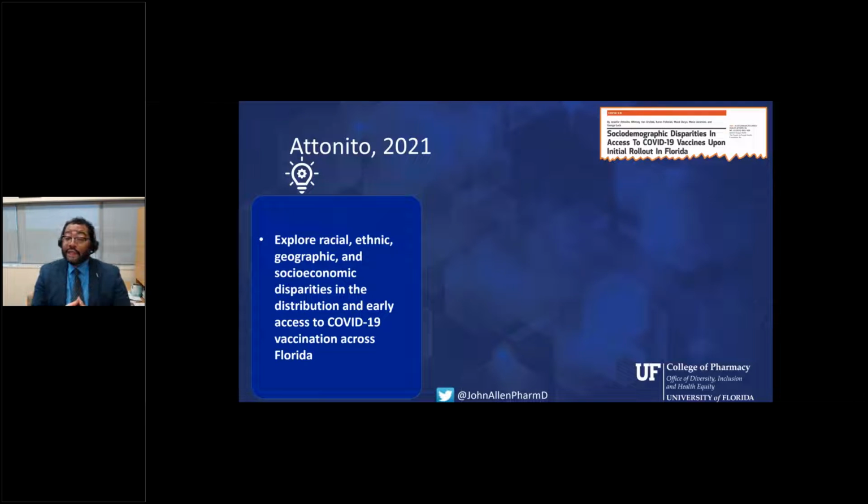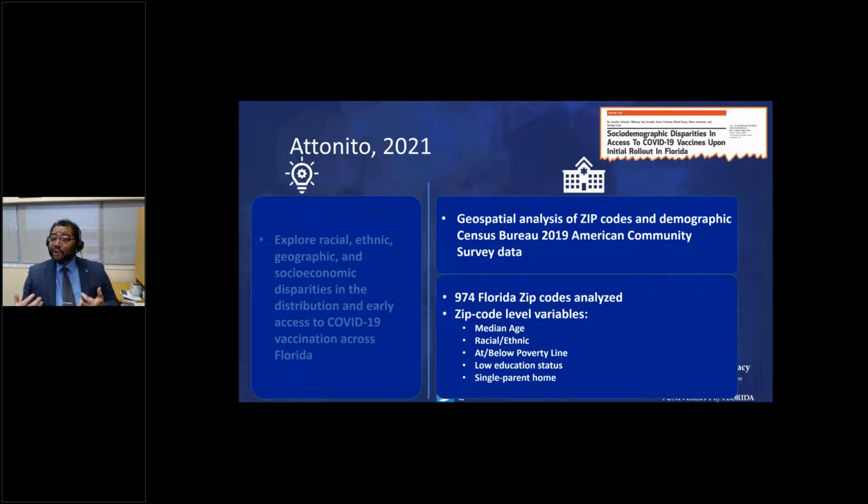Antonito and colleagues wanted to explore racial, ethnic, geographical, and socioeconomic disparities in the distribution of vaccines in the early phase of vaccine distribution across the state of Florida. They did a geospatial analysis of zip codes and demographic factors from the 2019 American Community Survey data.